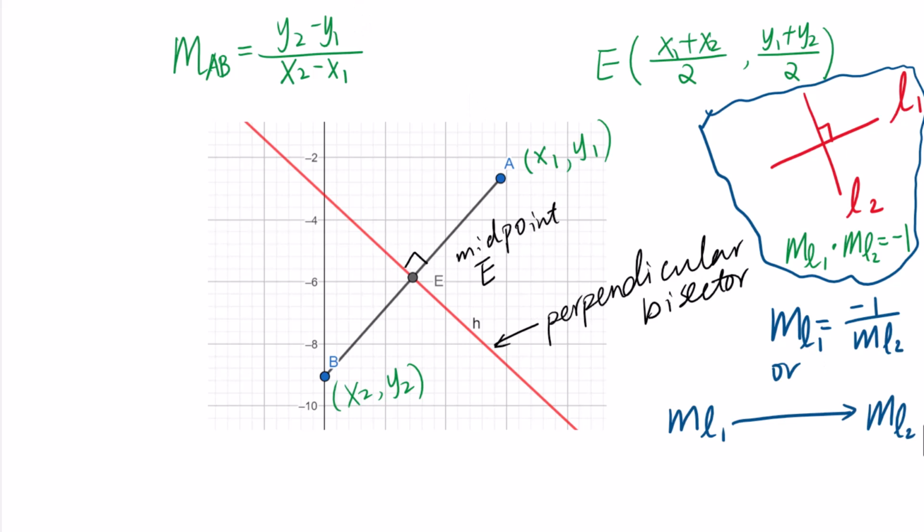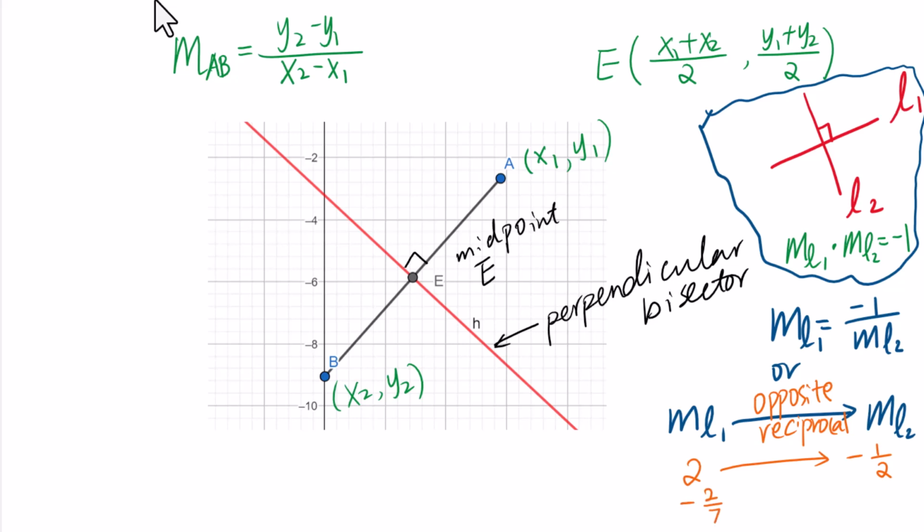If you want to change the slope of L1 to the slope of L2, you need to do two steps. First of all, opposite, then reciprocal. For example, if I have 2 as the slope of L1, opposite is -2. Reciprocal of -2 is -1 over 2.